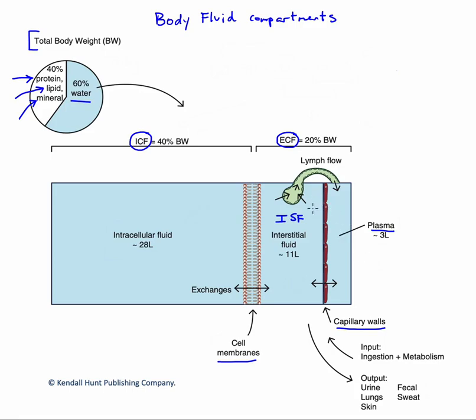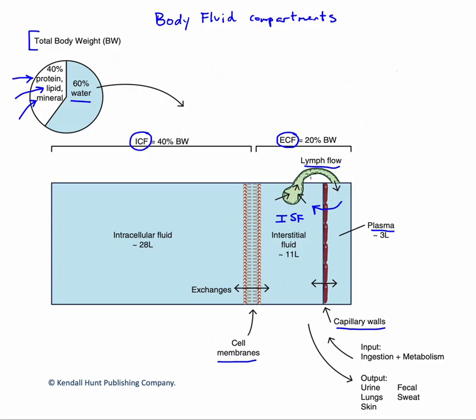Now, there is a connection between these compartments besides across the capillary wall here, and that's the lymphatic system. Plasma is filtered. Exchanges between compartments in general are driven by either osmotic or hydrostatic pressures. And so we get a net movement from plasma to the interstitial fluid, and that extra is picked up as lymph and is driven right back into the plasma.